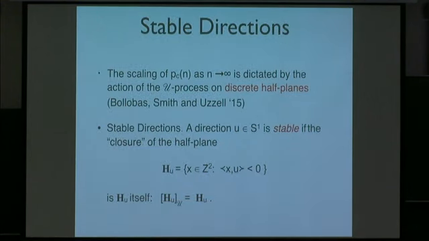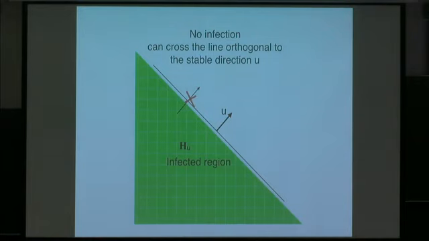A key contribution by Bollobás, Smith, and Uzzell was to identify that the scaling of this critical probability is dictated by the action of the bootstrap process on the discrete half plane. So they introduced the notion of a stable direction, which is maybe better illustrated by this picture.